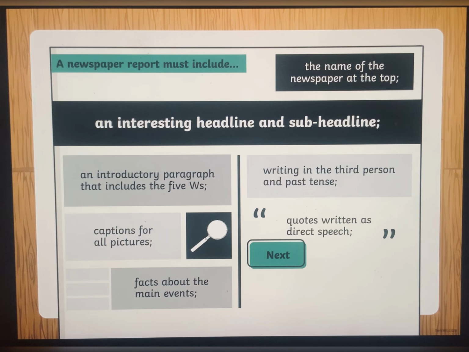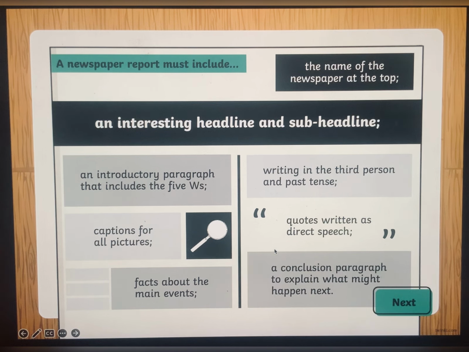It's important that you give these quotes and then you write what the respective person has said, all right? And finally, you need to have a conclusion paragraph to explain what might happen next, isn't it? That's why we do not reveal the whole thing in one go. It is one at a time that we take our steps, and the same is what we are going to do here.